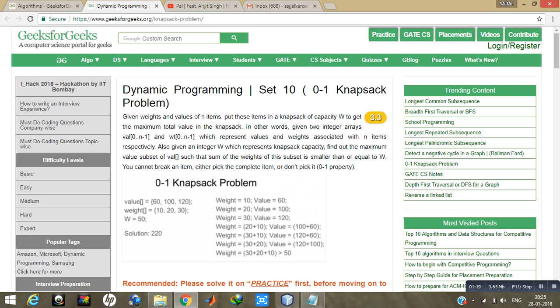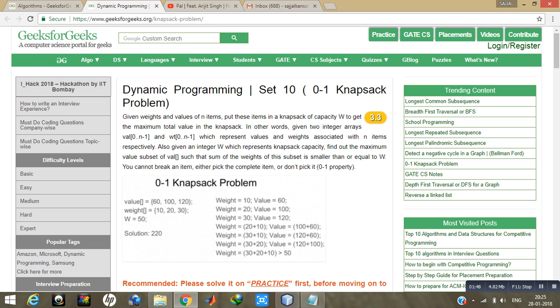Let's assume that we have some big bag, which we are calling here the knapsack, and the knapsack has some capacity to fill the weights of different bags. So the knapsack, the bigger bag, has some capacity, so we need to work under the restriction of that capacity.